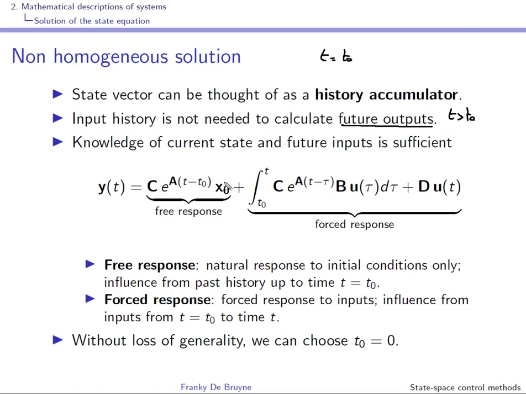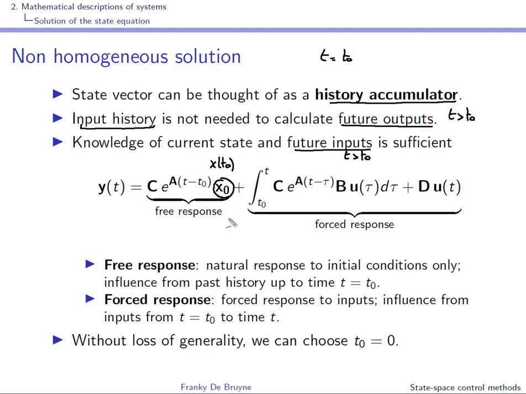What you need is x0, the state at time t0, and this is why we can say that the state vector acts as a history accumulator. It accumulates everything that has happened in the past, and what you need is future inputs for t larger than t0. What you do not need is the input history. You don't need the inputs before t0.